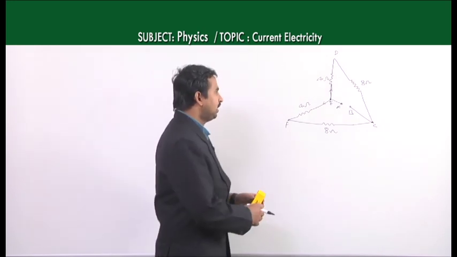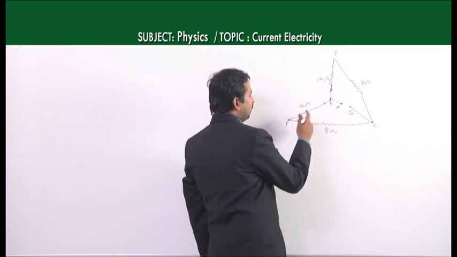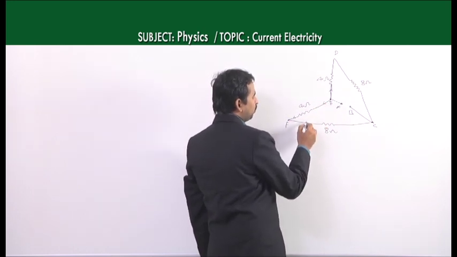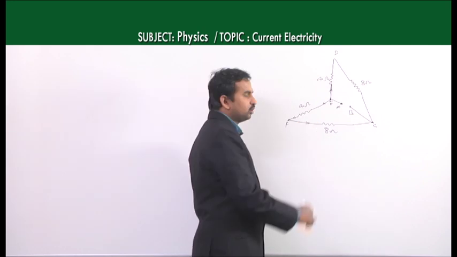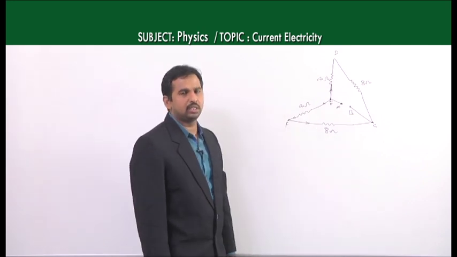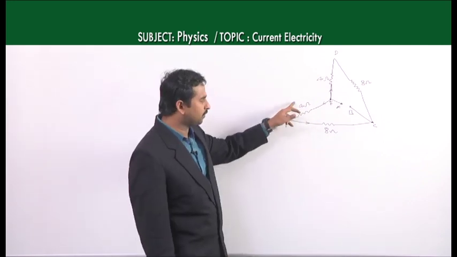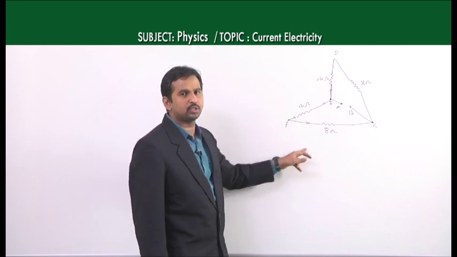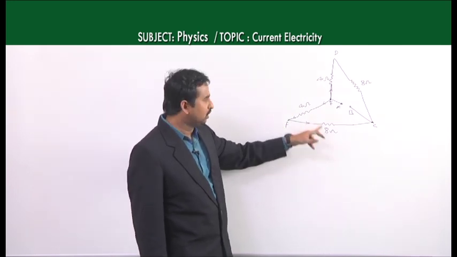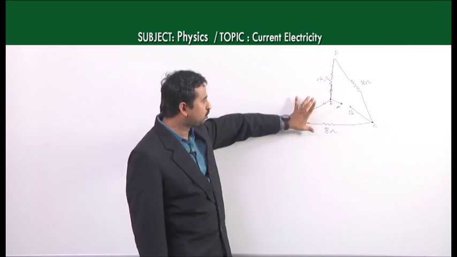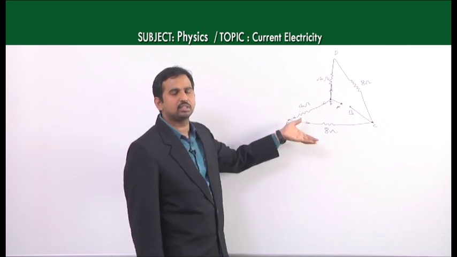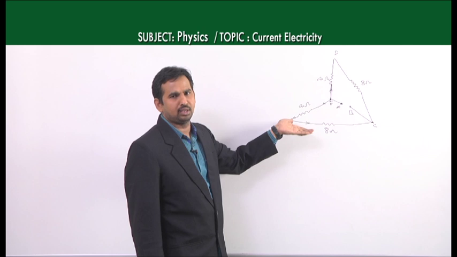And in the same way, the current through this 4 ohms passes the same current through the 8 ohms. As the same amount of current passes through both the 4 ohms and the 8 ohms, these two are connected in series because the current passing through them is the same.